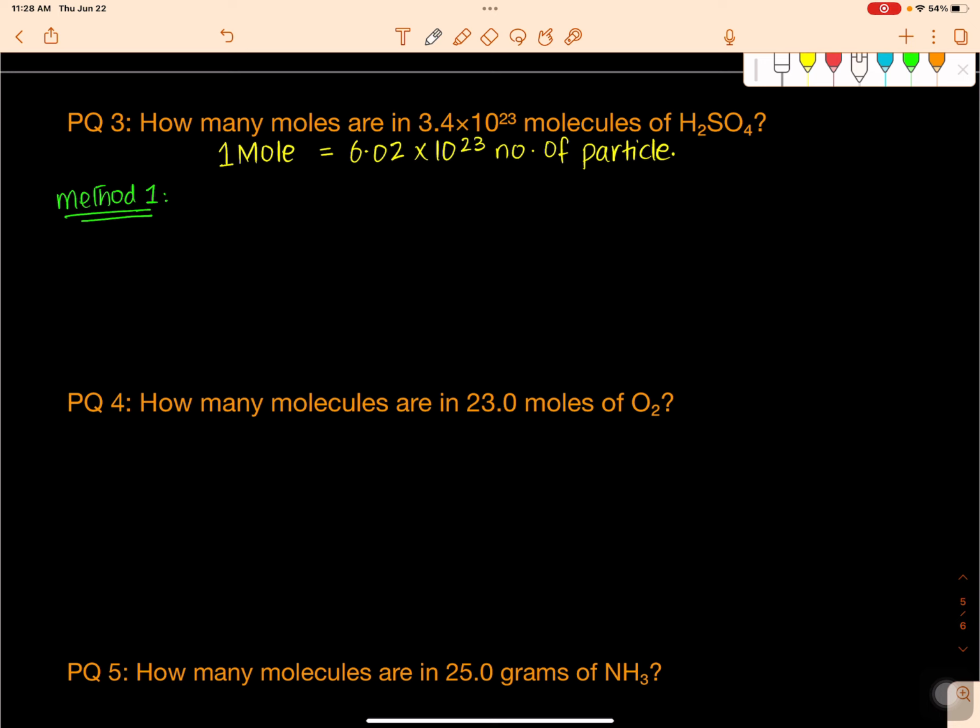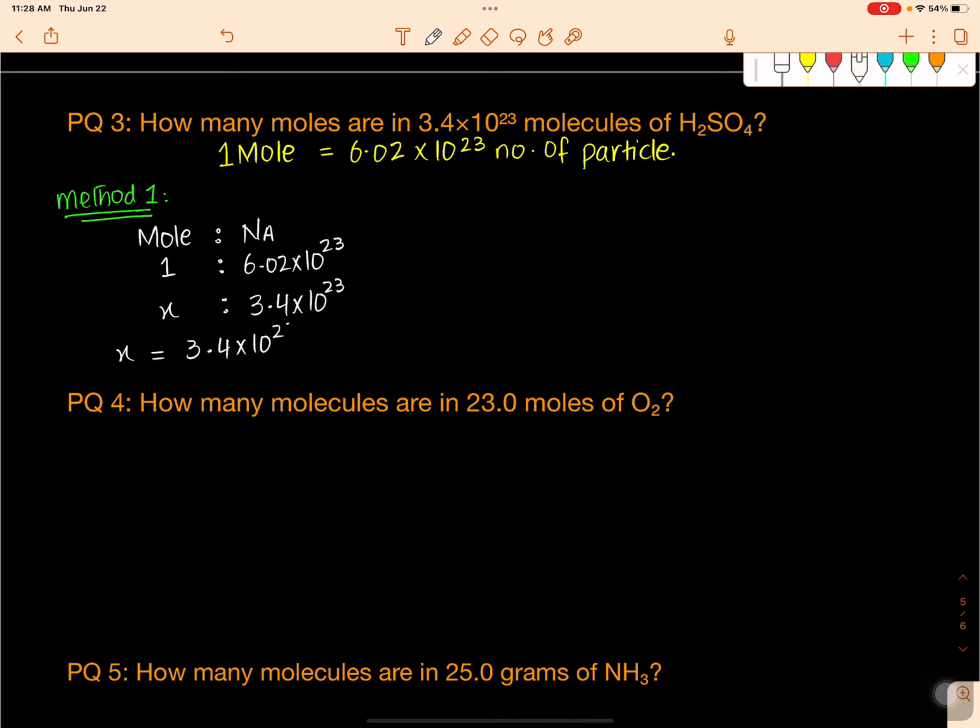The ratio method tells us that the mole ratio to Avogadro's number: 1 is equivalent to 6.02 times 10 power 23. So 3.4 times 10 power 23 will be equivalent to how much? That is X. So X is equal to 3.4 times 10 power 23 divided by 6.02 times 10 power 23.